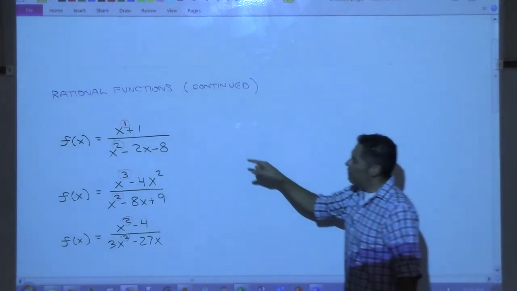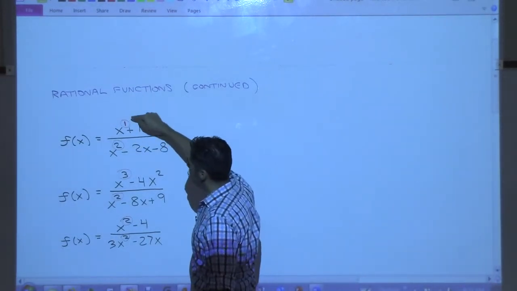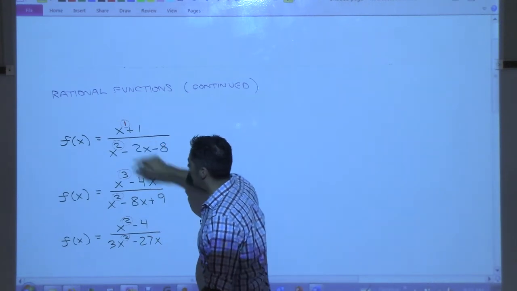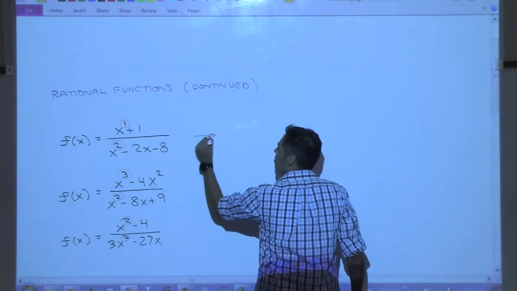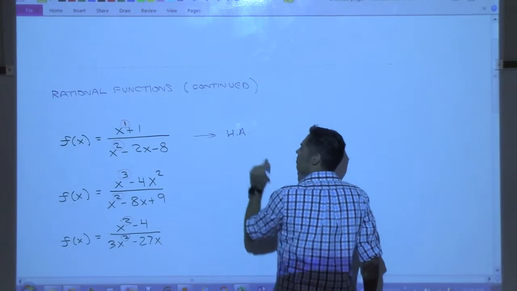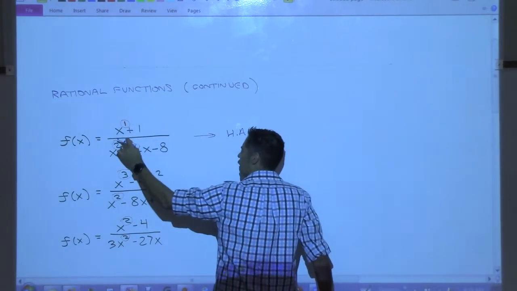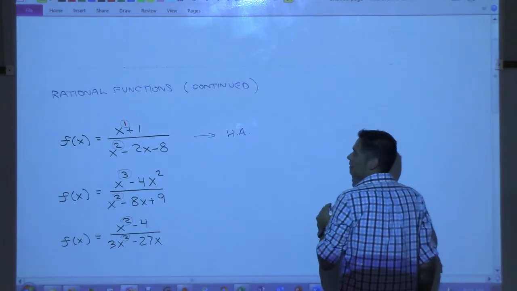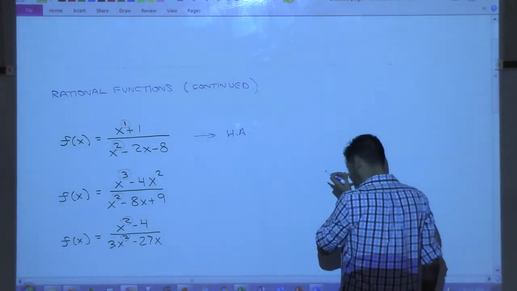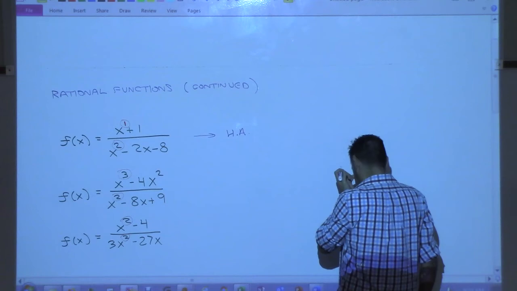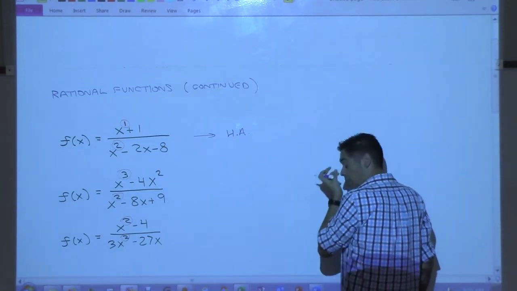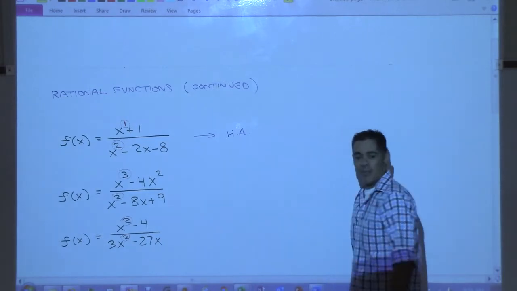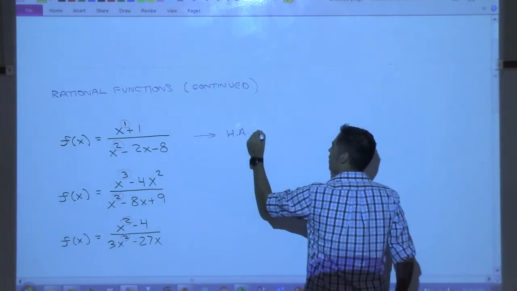So we have already looked at what happens when the top is smaller than the bottom, right? When we did this in class last time, what was our horizontal asymptote? When the top is less than the bottom, what did I say it was? I'm crying because y'all don't know. The x-axis, thank you.